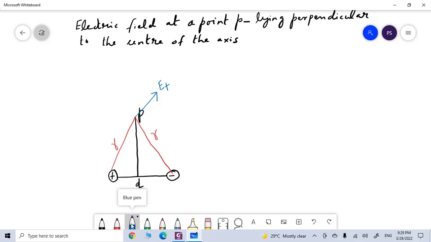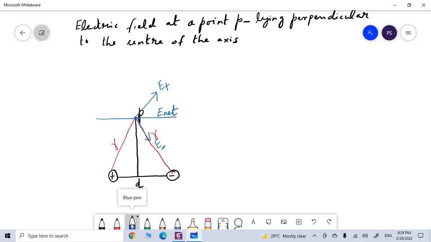On the other hand, the electric field lines will be going towards the negative charge, so this is E minus. So where will be the net electric field? The net electric field will be somewhere here. Let's extend this line. This will be the direction of the net electric field, so this is E net.